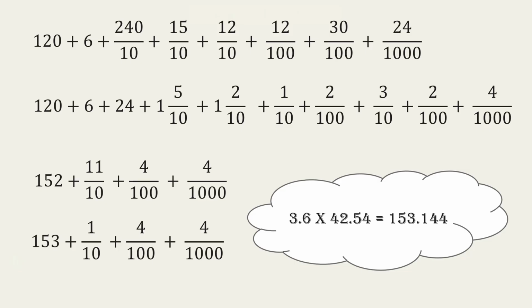So here's the explanation. 240 divided by 10 is 24. Now, 10/10 is going to make a 1. So this right here is going to be 1 whole and 5/10. This right here is going to be 1 whole and 2/10. This right here is going to be split into 1/10 and 200th.